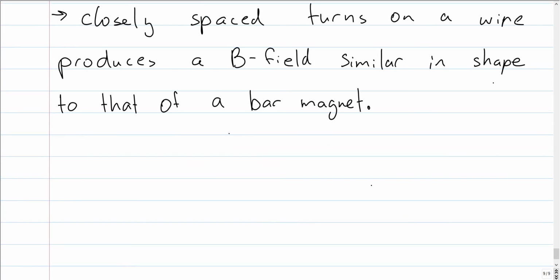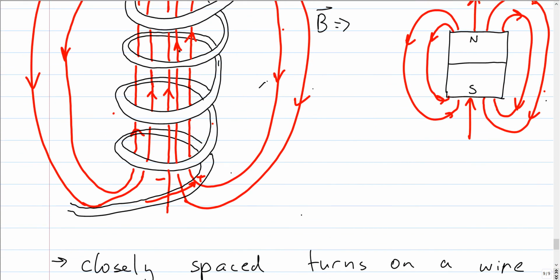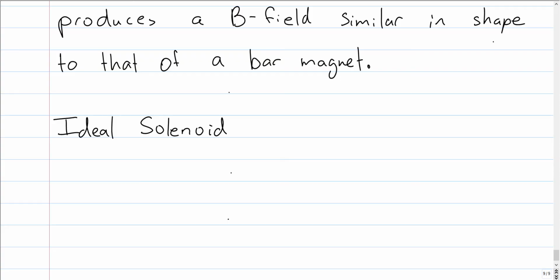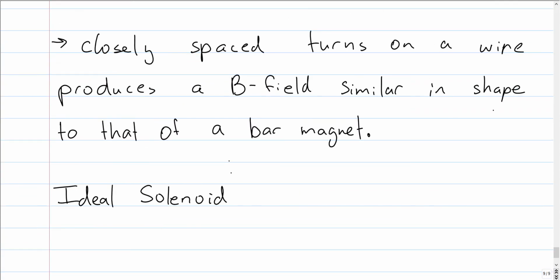Now I want to define something called an ideal solenoid. And an ideal solenoid is something that is more than just taking a piece of wire and twirling it around into a bunch of circles like we've been describing so far. This is going to be a very, very purposefully tight ring of wire that is going to have a much, much larger length than it does a radius of its turn.